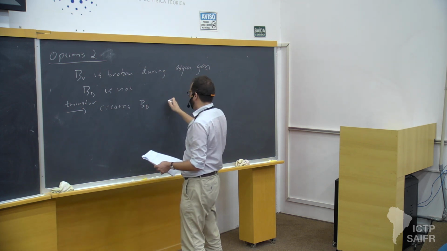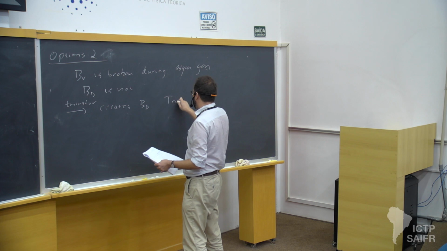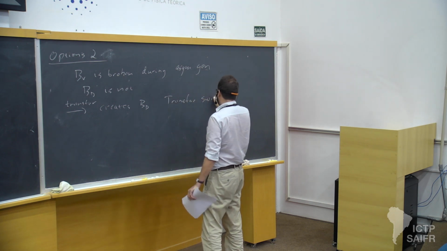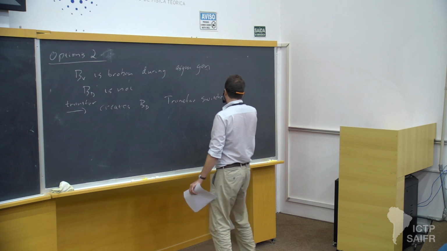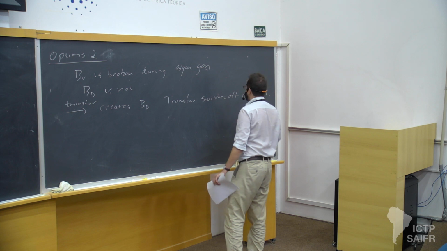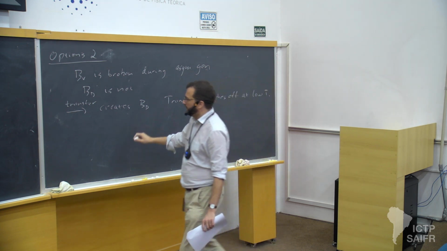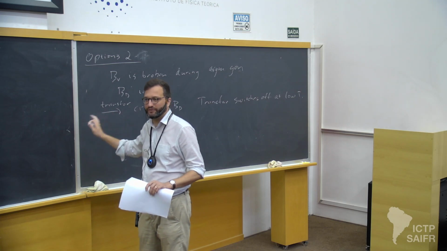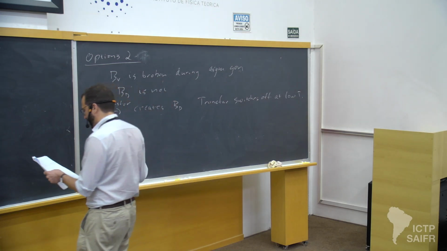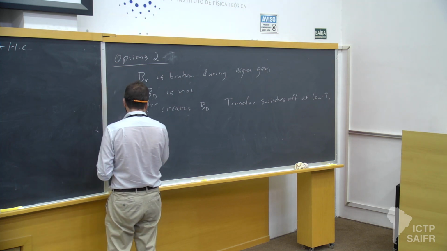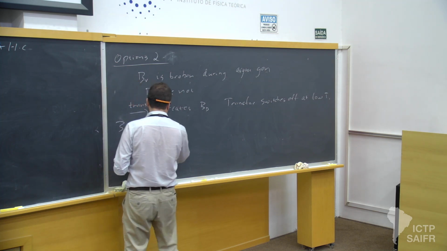And this transfer switches off at low T. Again, it's a bit unclear, but I'll show you an example in just a few minutes, and then it'll become very clear.